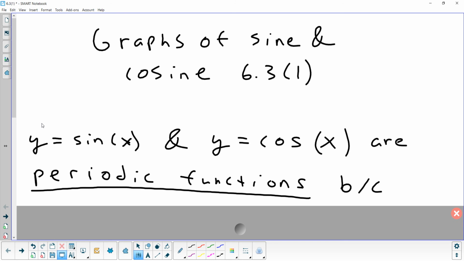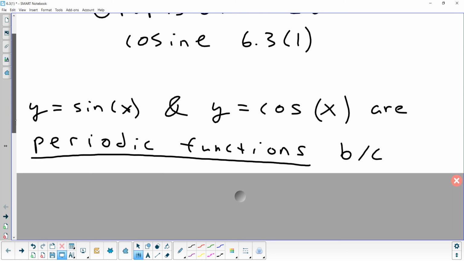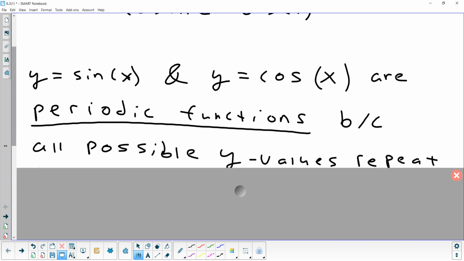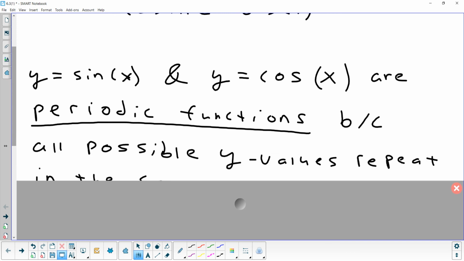So these two functions are what we call periodic functions. Okay, so this is kind of tying in with the last thing we just did. And the reason they're called periodic functions is because after you've drawn enough of the graph, you start to notice it's repeating itself.